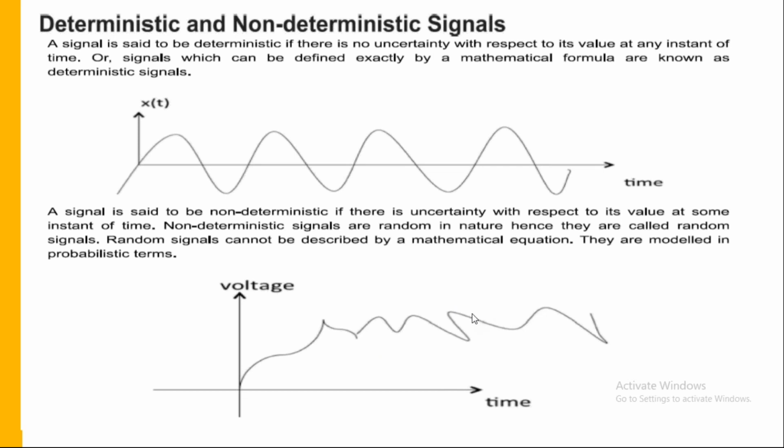To some extent you can write a mathematical equation, but not in the exact way. So such signals you can call non-deterministic signals. Please try to understand the difference here. Any signal which you can represent by a mathematical equation or in a known fashion can be considered a deterministic signal. If it is on the other side, you can call it a non-deterministic signal.